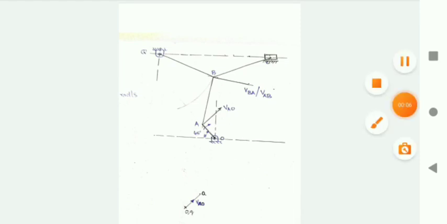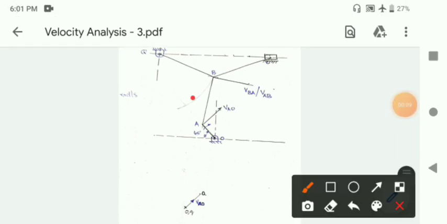The next link is link AB. We know that link AB is having a general planar motion, but for representing its motion in the velocity diagram, we make the assumption that link AB is having a pure rotational motion, and we assume that the link is rotating about A or about B. Regarding the velocity of point B relative to A or A relative to B, we don't know the magnitude and we don't know the direction.